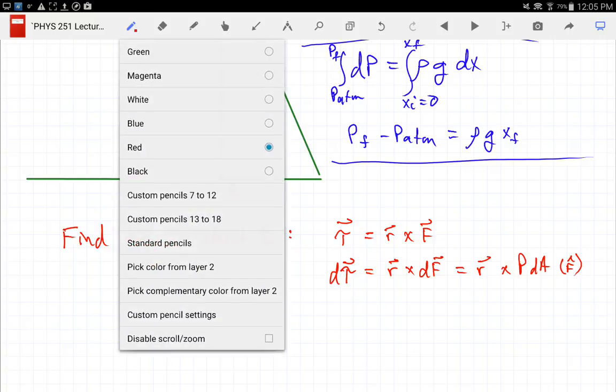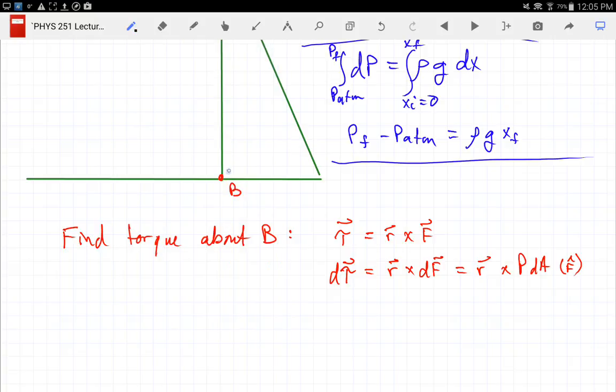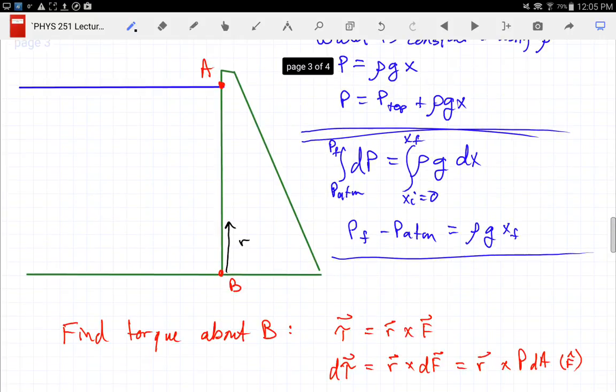So now I look at my specific situation and I say, okay, if I'm going to find the torque about point B, then my R is going to be going up like that, right? But when I was looking up here at the pressure function, it was coming down from the top.